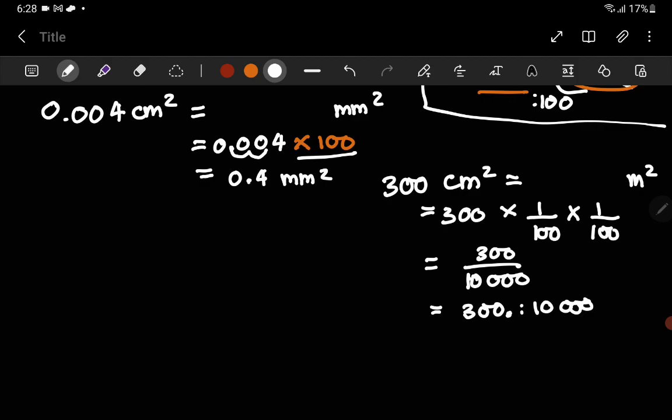There are 4, so you move it 4 times to the left: 1, 2, 3, and 4. The dot will be here. For the empty places, you just put 0. The result will be 0.03 meter square. I hope that you do get it. Bye.